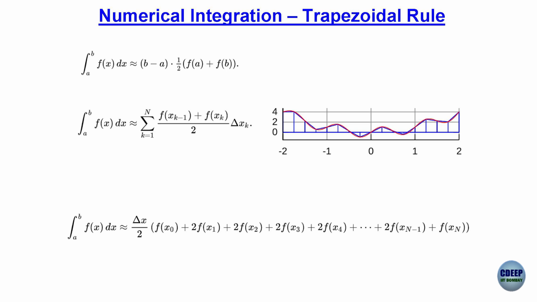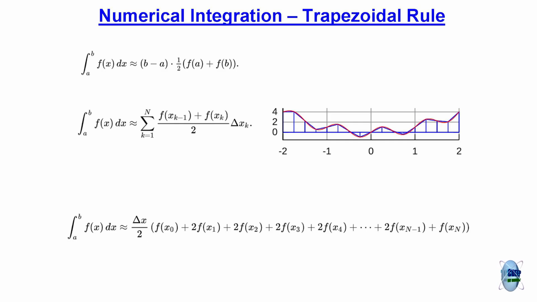In this particular case, the weight is constant, delta x or delta x by 2. Delta x by 2 at the two ends, and for all the terms in between, it is delta x itself. That is how this formula looks like, trapezoidal rule.